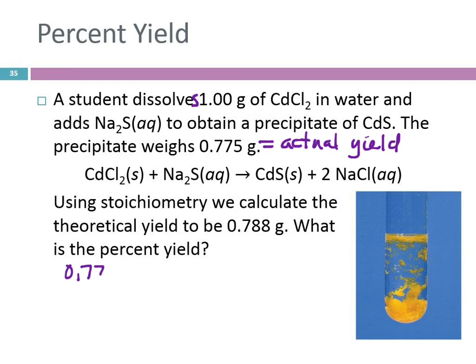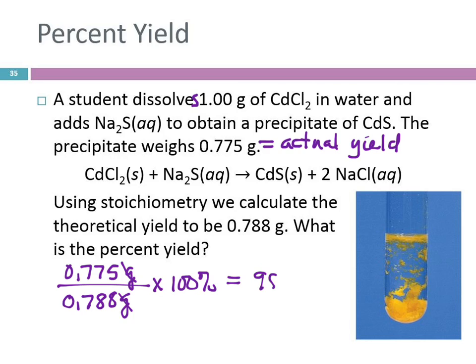So 0.775 grams divided by 0.788 grams times 100%. See what happens to the units? They go poof. 0.775 divided by 0.788 times 100. 3 sig figs, 98.4%. That's really good. That's a really good yield.